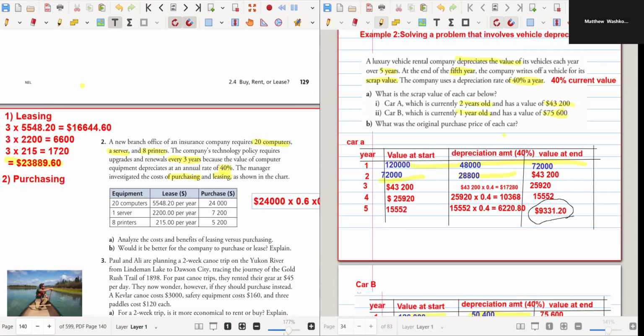So that's times 0.6 times 0.6 times 0.6, which is the same thing as 24,000 times 0.6 to the power of 3.